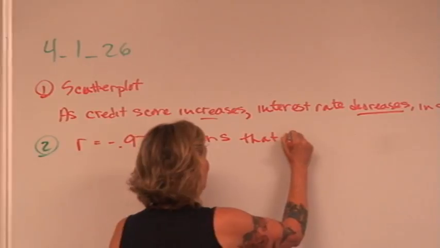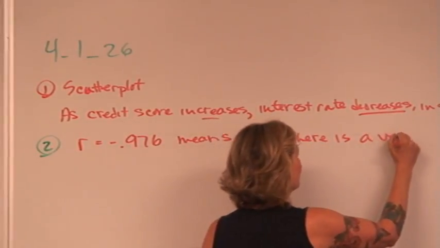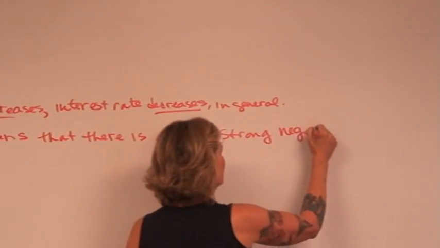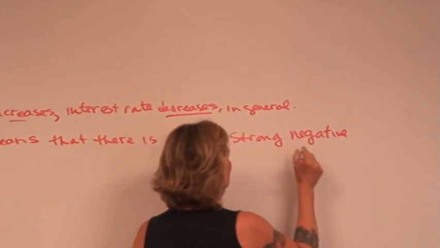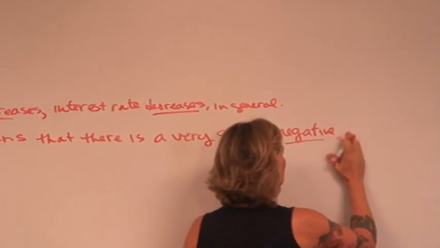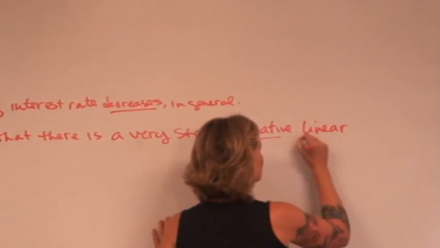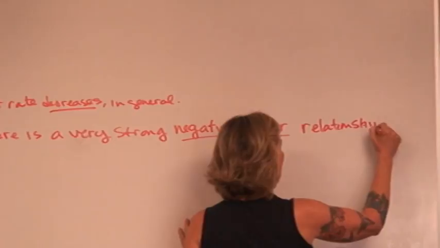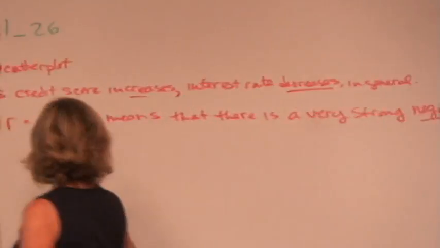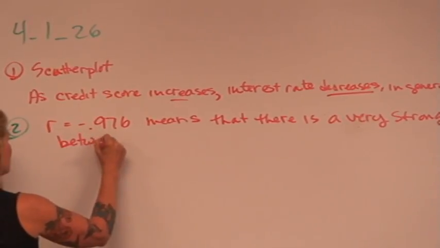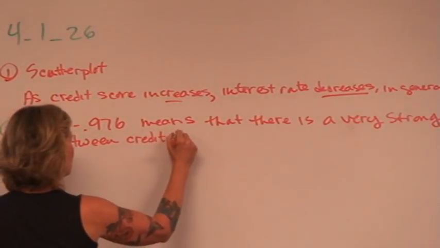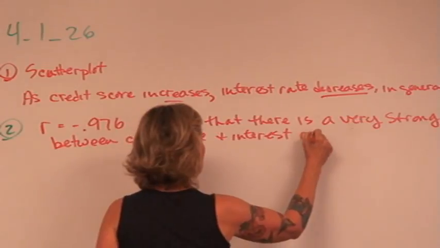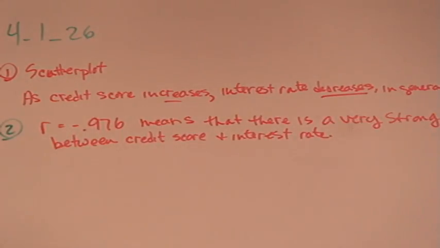It means that there is a very strong negative linear relationship between credit score and interest rate.